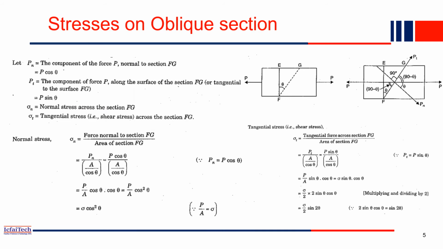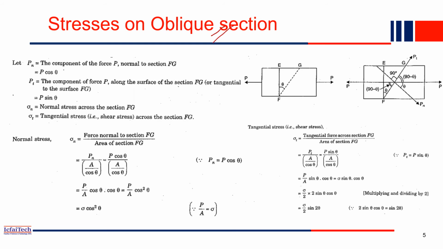So now let's consider Pn. What is Pn? Pn is the component of force P normal to the section FG. So this P is acting horizontally. But now we have to calculate the stress in this oblique plane. So that is the oblique section.